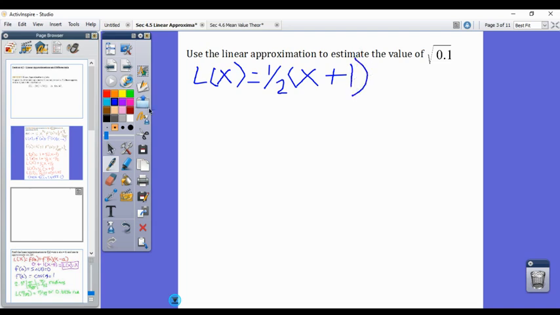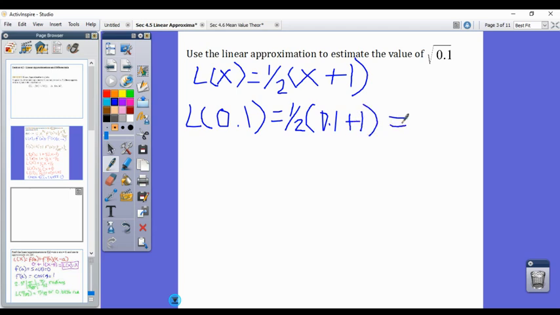So I'm going to plug in 0.1. Okay, and I'm getting 0.55.